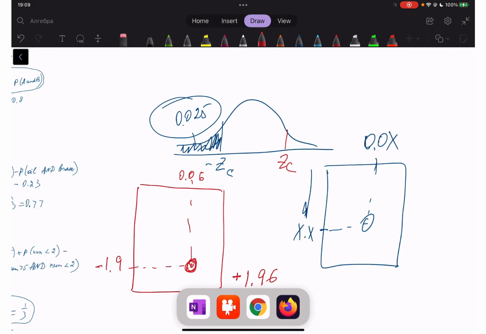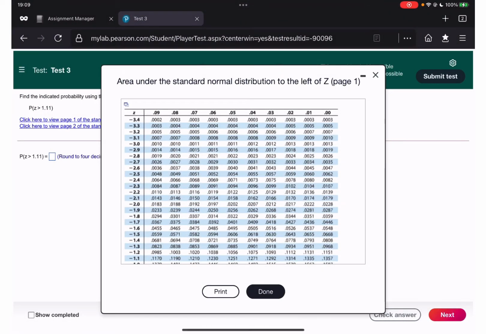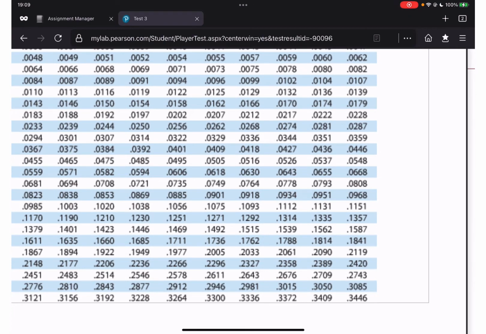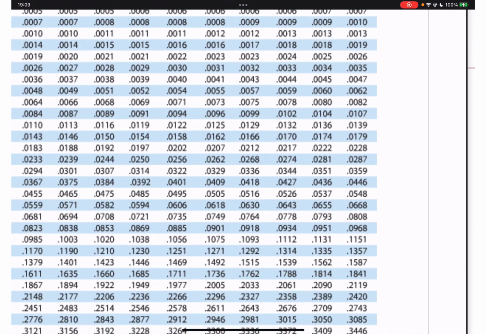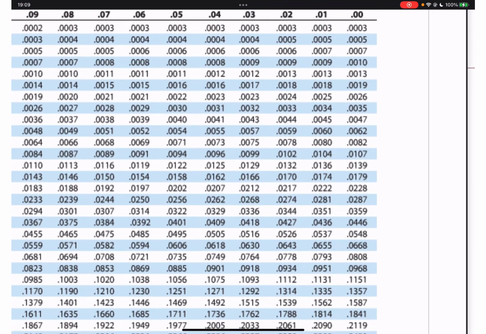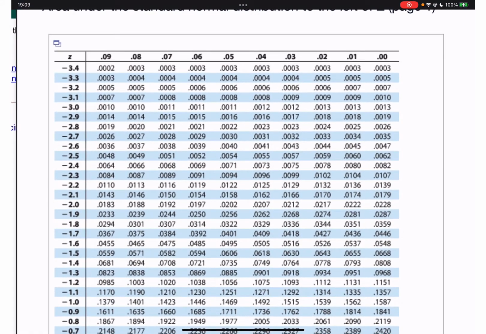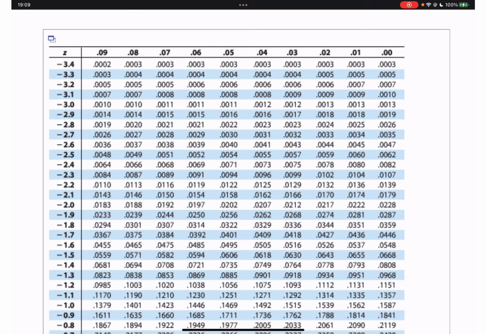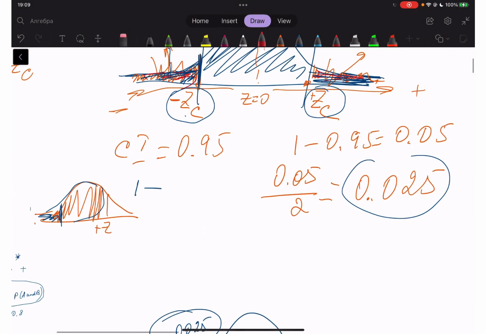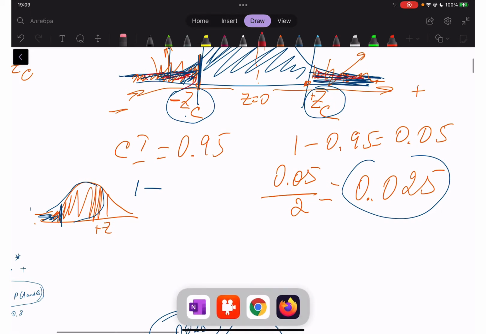0.025, I'm opening this table. Let me open it. There is only one 0, right? Let me confirm, yes, only one 0, okay.